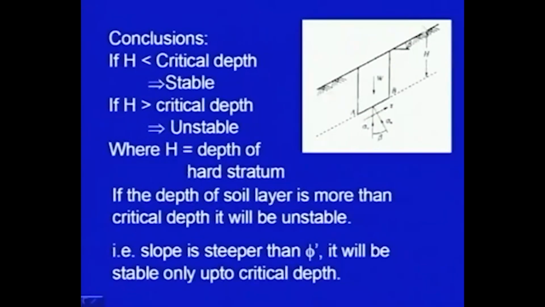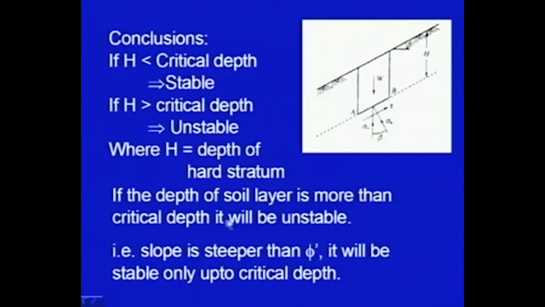So, if this depth of the slope, this h value is less than certain critical value, it is going to remain stable, because sigma dash will be less than that particular critical value. If h is more than a particular value of the depth that we are calling here as critical depth, then this will represent an unstable slope, where h is the depth of the hard stratum.